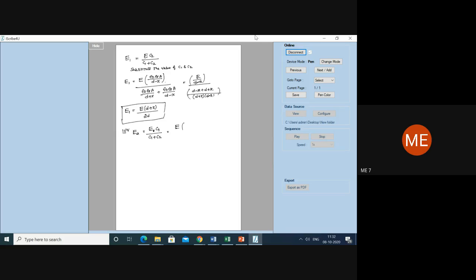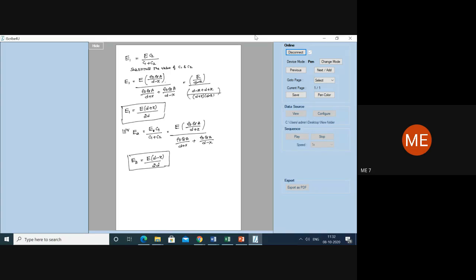Epsilon r A divided by d plus x, divided by epsilon naught r A divided by d plus x plus epsilon r A divided by d minus x. Upon calculation we can remove epsilon naught r A, so E2 will be equal to E into d minus x divided by 2 into d. So this is the value of E2.